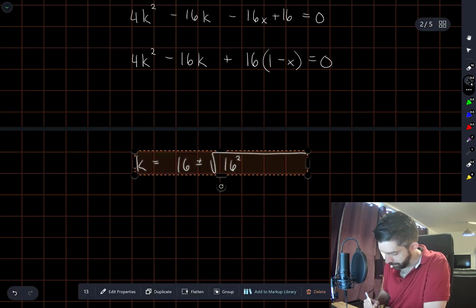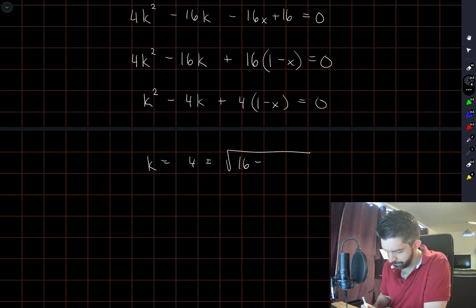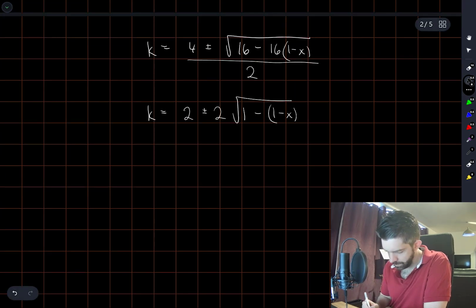Actually, we can simplify the polynomial first, right? We can divide it by 4. Well, this thing underneath the square root sign can also be further simplified.